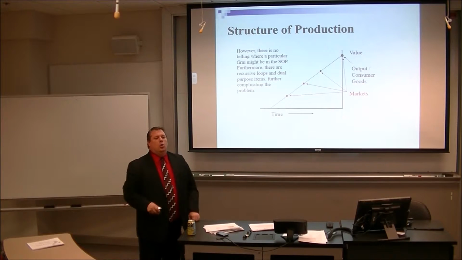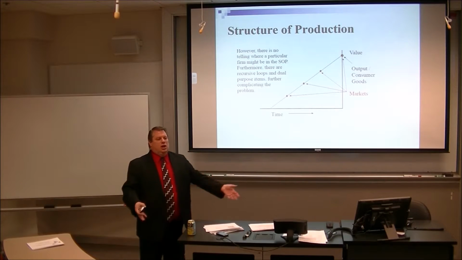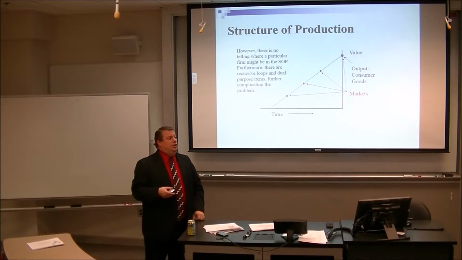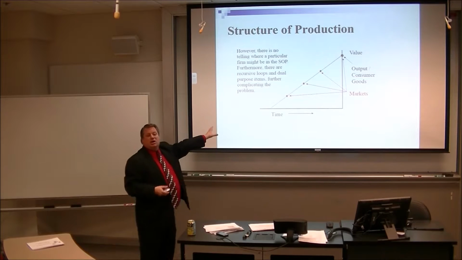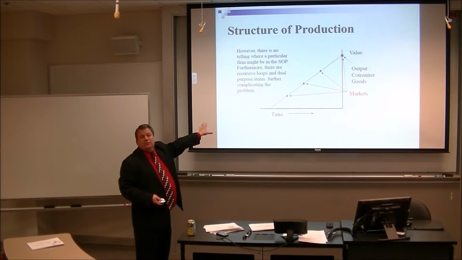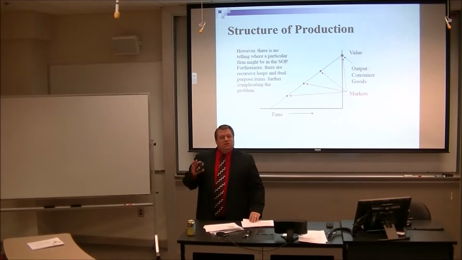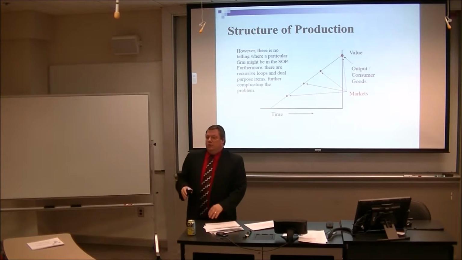I mine iron ore, I take that iron ore, I turn it into steel, I take that steel and I turn it into a machine that digs out iron ore, right? That's a recursive loop, right? So there's lots of complexities to this, right? We're not ignoring them. What we're trying to do is just simplify the concept so that we can move forward.